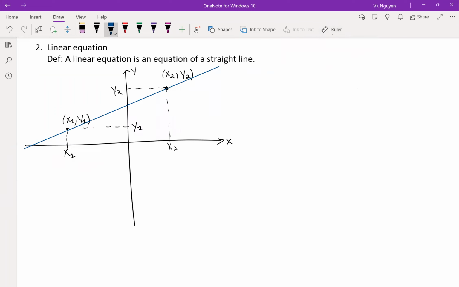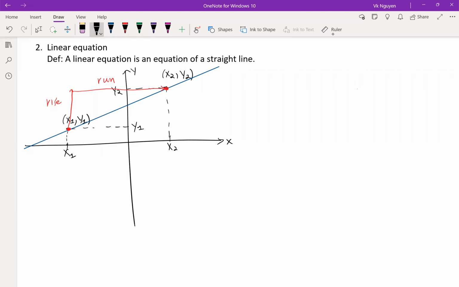To get the equation of a straight line, first, we got to know how we get from one point to another. So to get from x1, y1 to x2, y2, we got to rise, and then we run. Rise over run defines the slope.